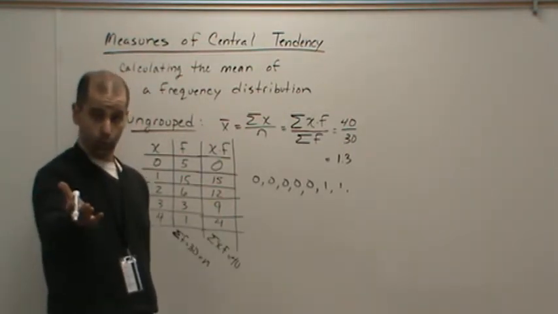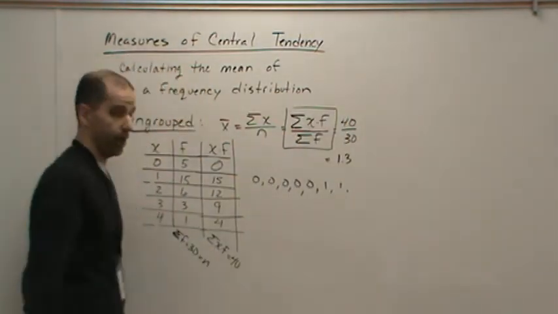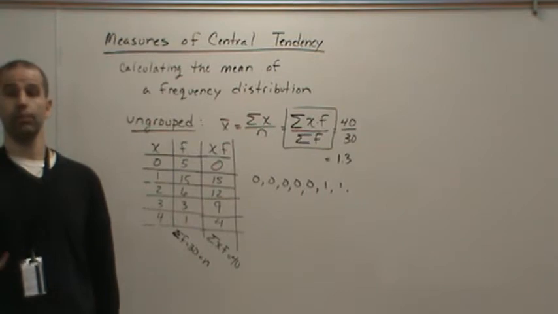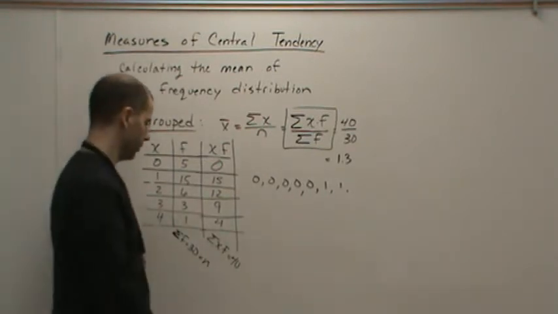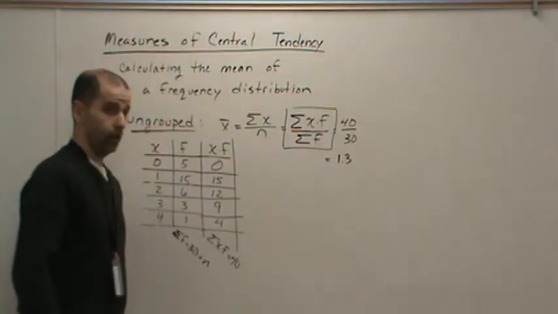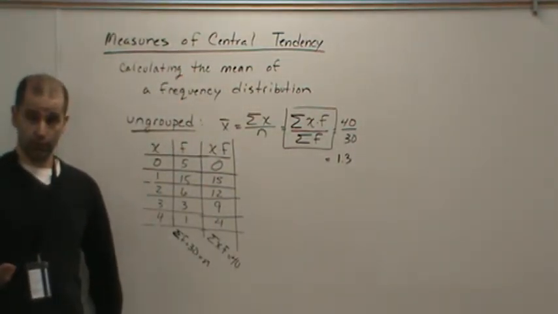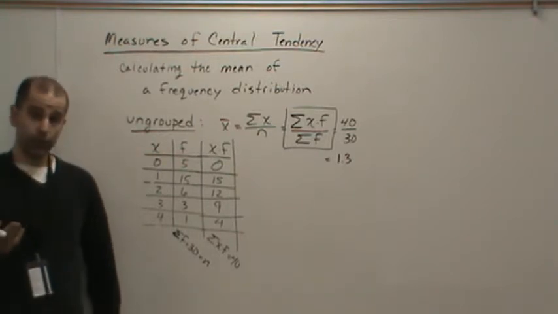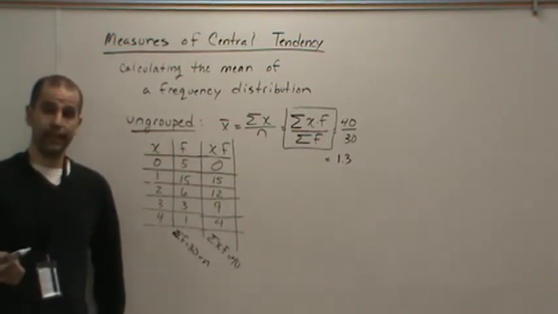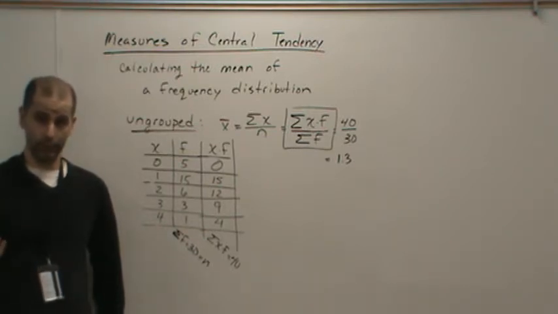I know you wouldn't want to do that. So using this formula for finding an ungrouped frequency distribution, much faster. Okay? So just keep that in mind. So that's how you find the mean of an ungrouped frequency distribution. So for ungrouped frequency distributions, the mean will always be the same. Okay? It will be the real mean.